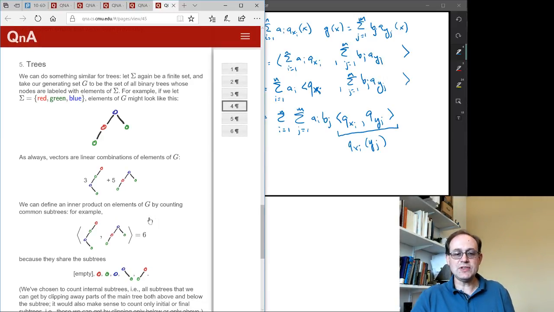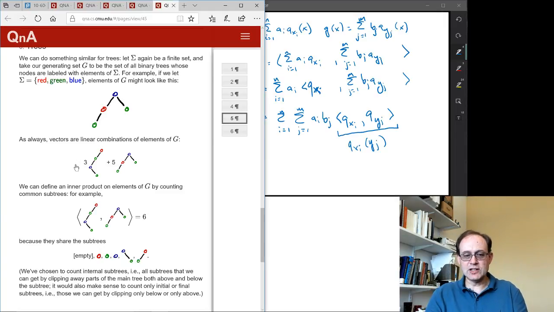We can do the same thing with trees. We can take our generating set to be the set of all binary trees whose nodes are labeled with elements of our alphabet. Here, let's say the alphabet is just three characters that I'll call red, green, and blue. So here's a tree where the nodes are labeled red, green, or blue.